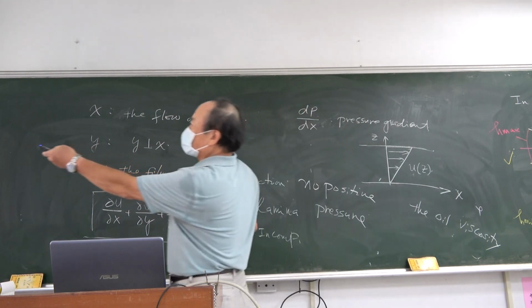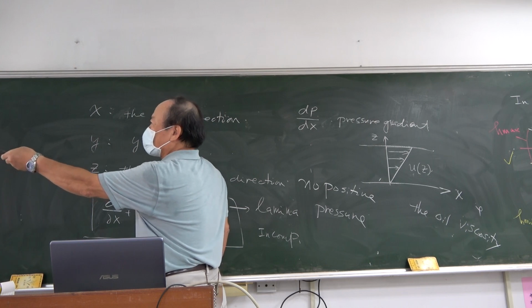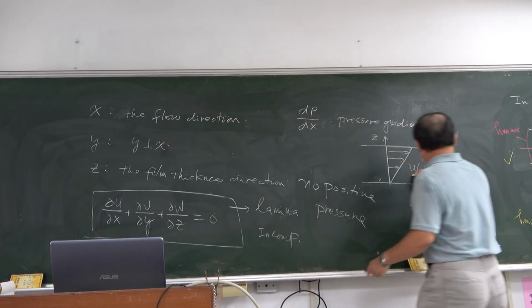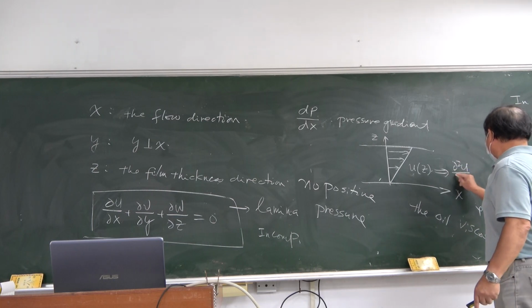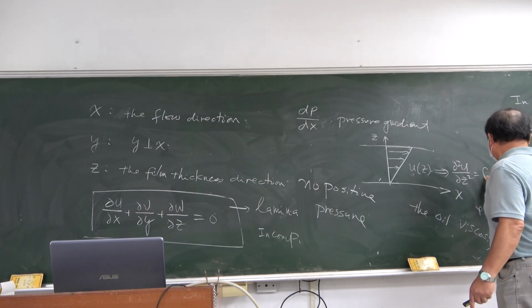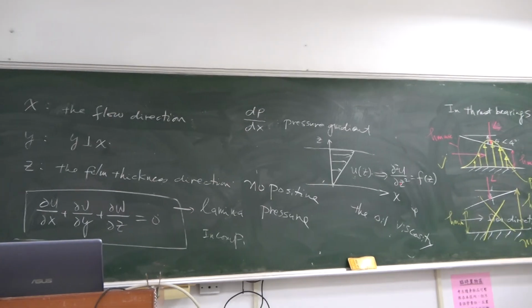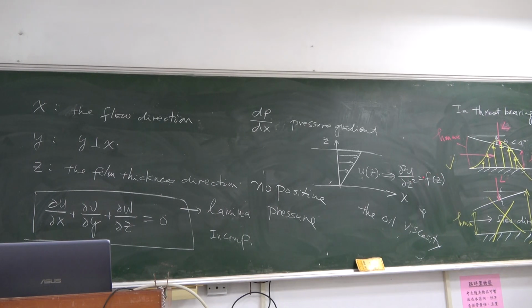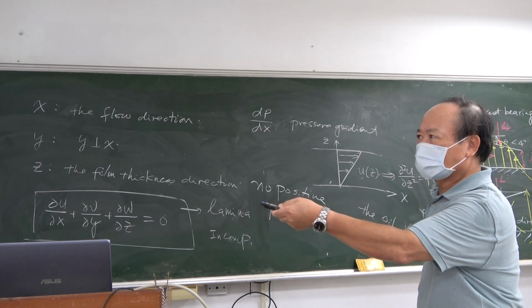Then the second derivative, partial squared u over partial z squared, is also a function of z only. Taking two differentiations with respect to z, we obtain a function that is still a function of z.